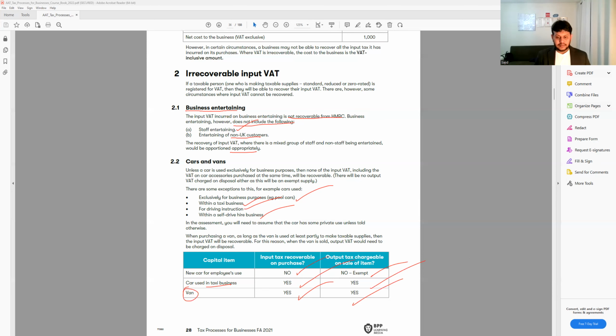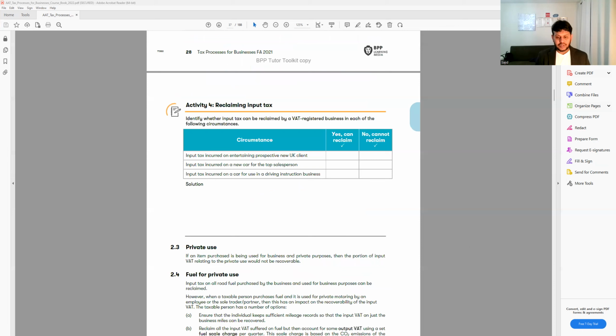All right, let's have a look at the next one. This one here is activity 4, let's try it together. It's reclaiming input tax. Identify whether input tax can be reclaimed by a VAT registered business in each of the following circumstances. We have a few scenarios here.